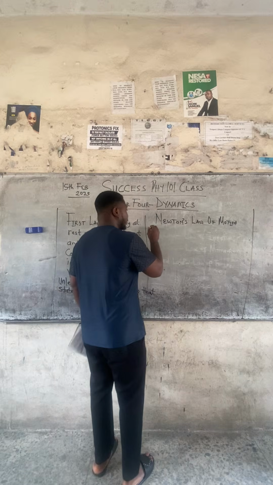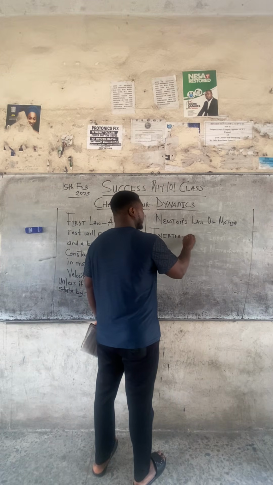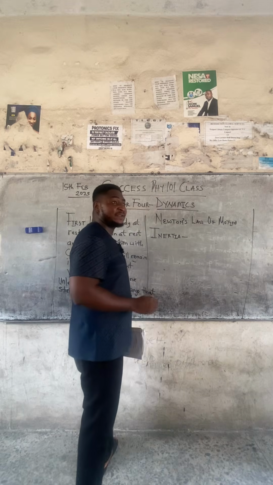Class, as simple as this word inertia, it was asked in your past questions. If you go to your past questions, you see where they asked the tendency. Let's define inertia.